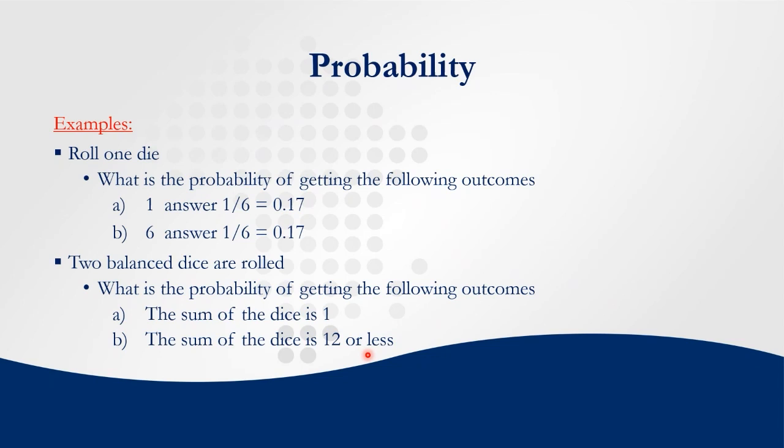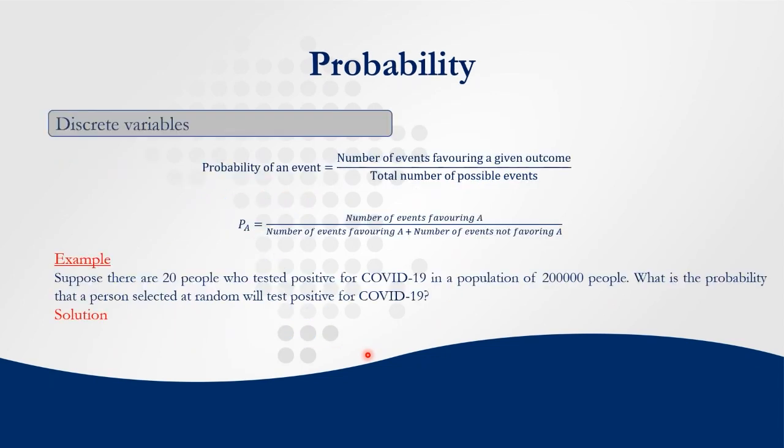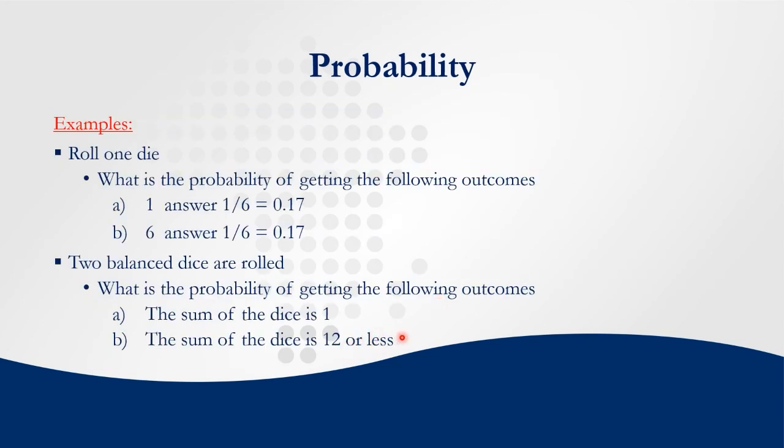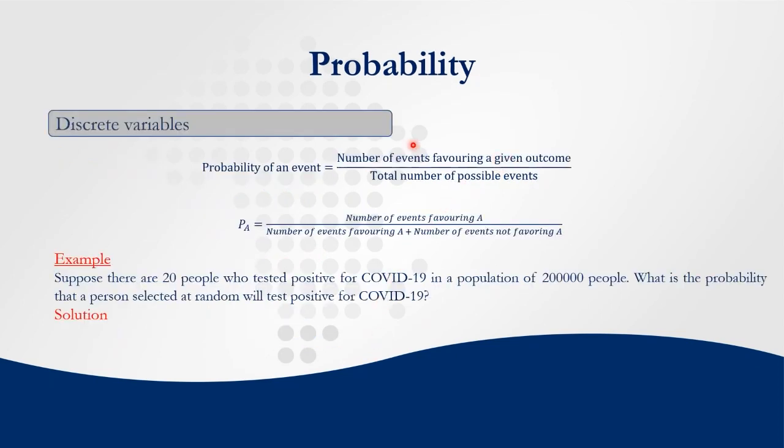I hope it's clear. So in what we were looking at here, the outcomes were discrete, and the formula we use when we have discrete variables is the number of events favoring A divided by the total number of possible events.